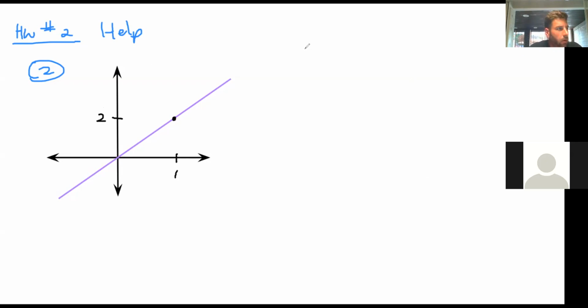Excuse me, I wrote that wrong. This is actually 1/2. So this is the curve, or I guess technically it's a line, but this is the line y equals 1/2 x. So we want to take this line and we want to look at the curve y equals x to the 4th.